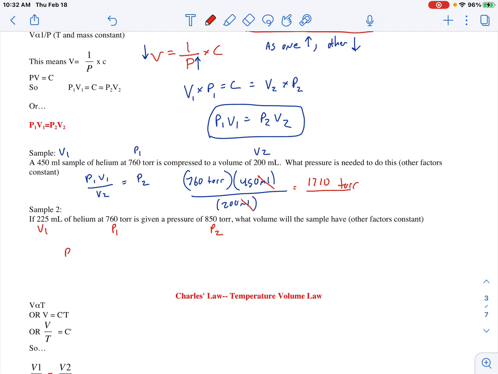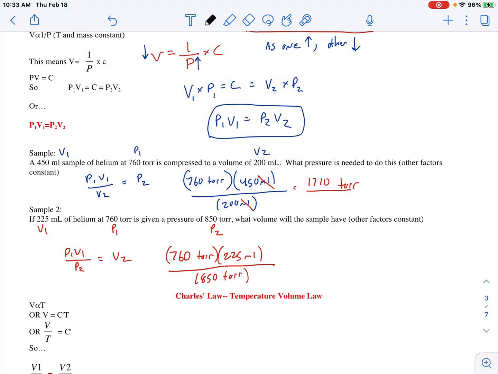So no problem. P1 V1, and we're going to divide both sides by P2 because we're trying to find V2. And we plug in the values we have. 760 torr multiplied by 225 milliliters, and we're dividing by 850 torr.